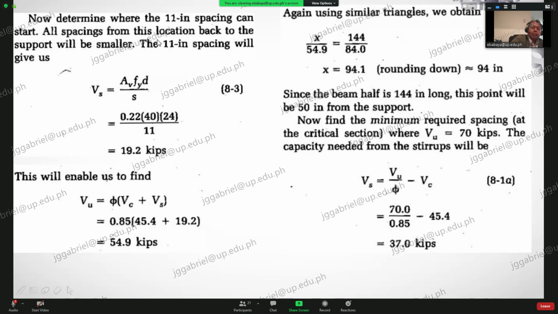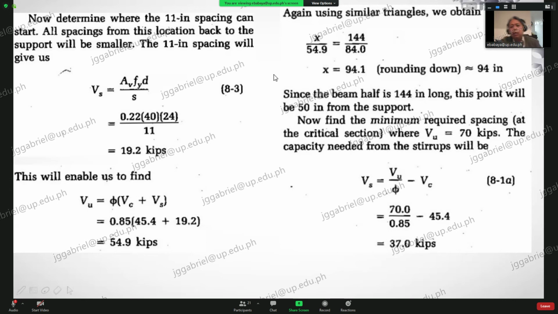So you get Vs equal to 19.2 kips. Now, to get the corresponding shear capacity, we apply this formula: 0.85 times the shear capacity due to concrete, that's 45.4, we've computed that already, plus this Vs, that's 19.2. Therefore, your Vu will be 54.9 kips.